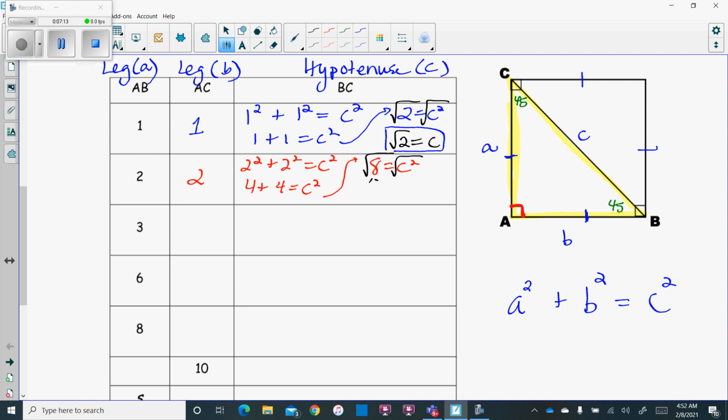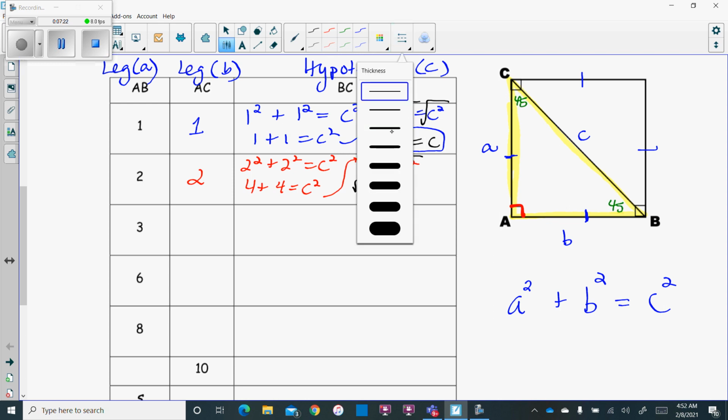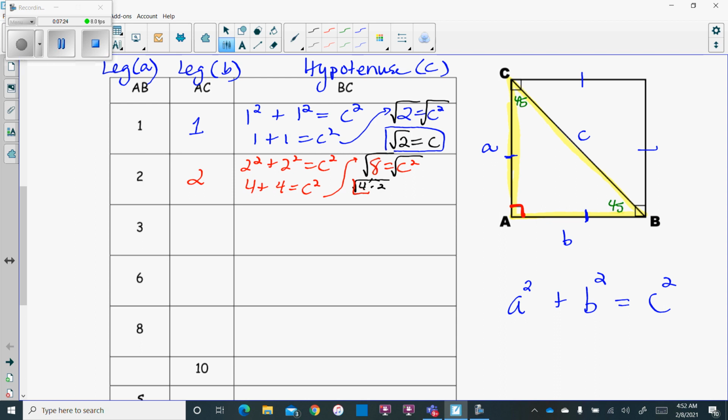I can simplify 8 with the factors of 4 and 2 when I take the square root of them. The 4 is the perfect square. This is what we did before, simplifying. That perfect square comes out. So that means my answer here is 2 root 2 equals my c. And we're going to keep that in the simplified radical form.